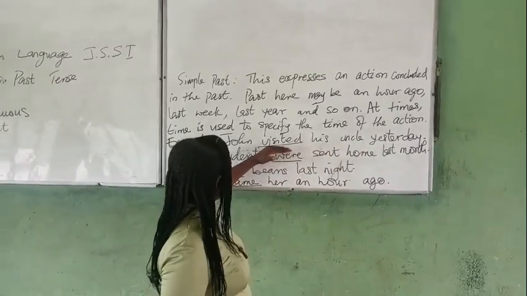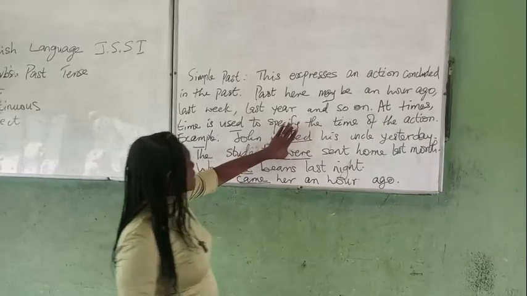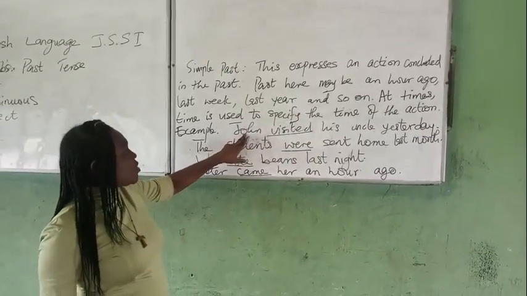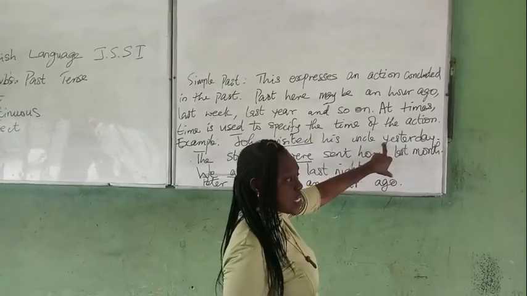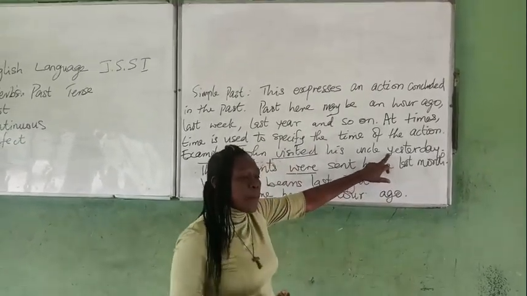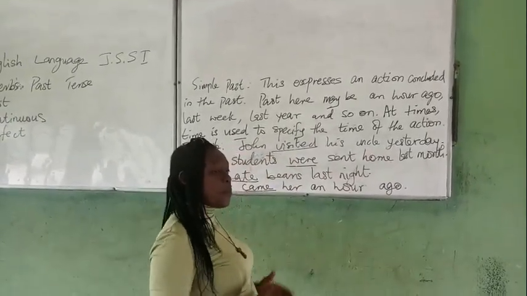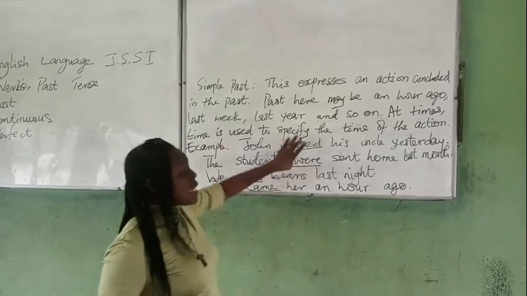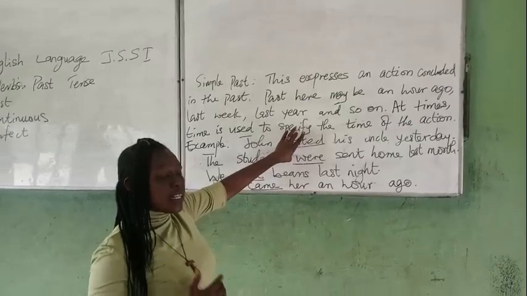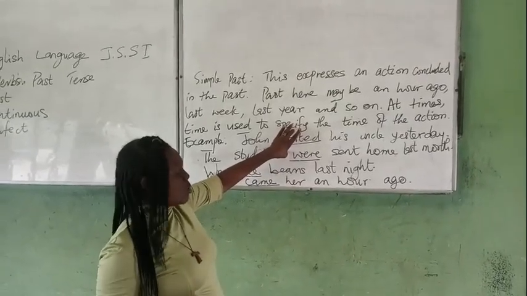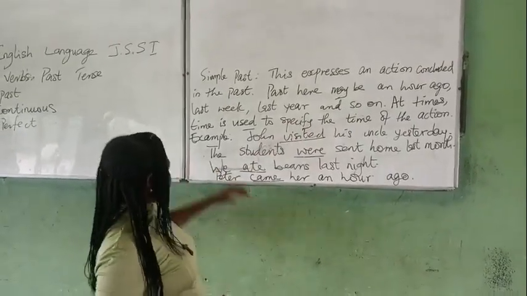If this sentence were in the present tense, I would now have John visits his uncle. It will no longer be yesterday. It will change. So the action that happens always in the simple present will now take the present form of the verb. Go back to your notes or read your Brighter Grammar Book 2. You will get more of this.